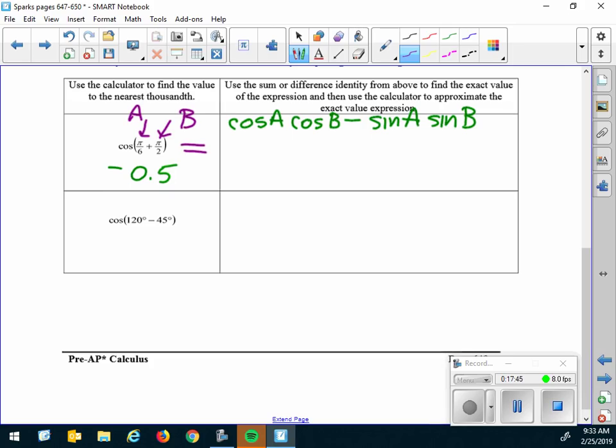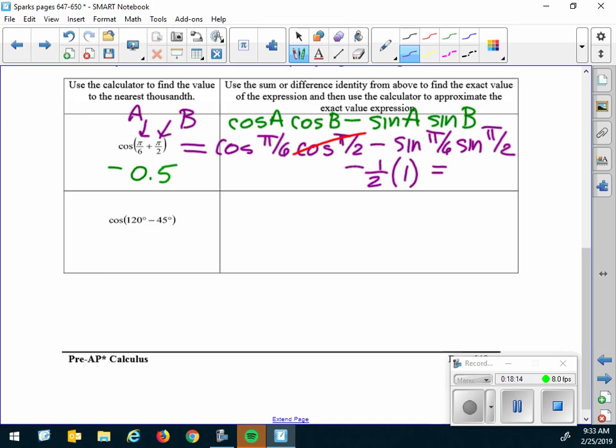So this is going to equal cosine of pi over 6, cosine of pi over 2, minus sine of pi over 6 times sine of pi over 2. Well, I know the cosine of pi over 2 is 0, so that makes that whole first term equal to 0. Minus the sine of pi over 6 is a half, and the sine of pi over 2 is 1. So the answer to that is negative a half. Woohoo! Same thing.